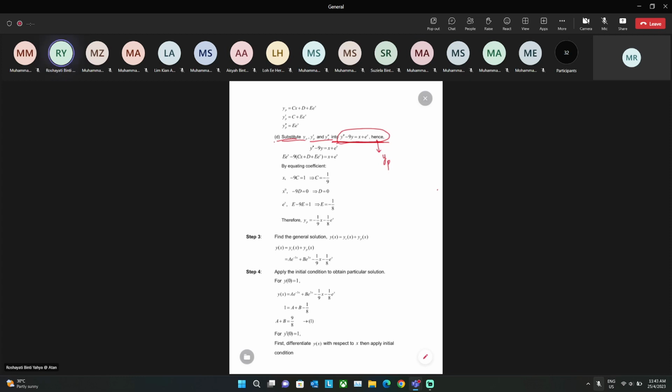Because we just completed the steps for YP, whatever YP prime and YP double prime, you substitute in the original equation. So Y double prime minus 9Y becomes YP double prime minus 9 YP equal to x plus exponential x. Okay.